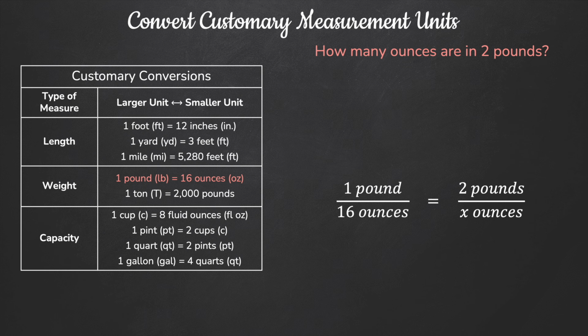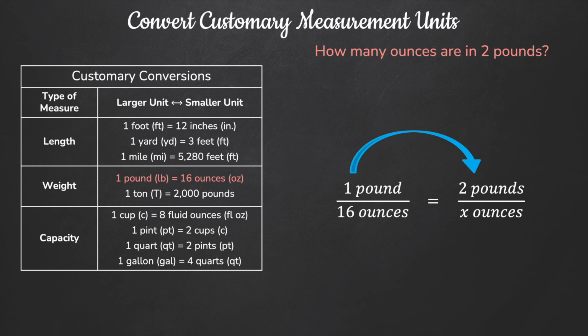Because we don't know how many ounces are in 2 pounds, make sure you put an X or a different variable before ounces. And then make sure you put 2 pounds on the top, because our numerators are talking about pounds and our denominators are talking about ounces. Because our numerators have the 2 numbers, we ask ourselves, what can we multiply 1 by to get 2?